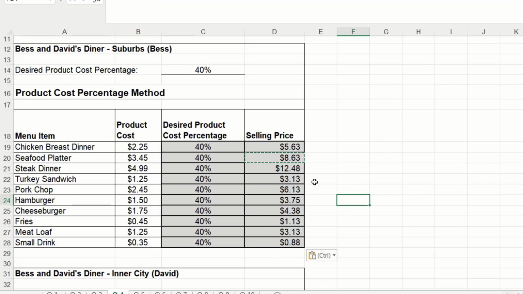And we do see some pretty inconsistent numbers here, okay? If you were putting this on your menu, I would round everything up. I would have a very consistent number on my menu as far as whether all my dollars are going to end with 95 or 99 or 25, 50 or 75, or is it just a flat dollar?